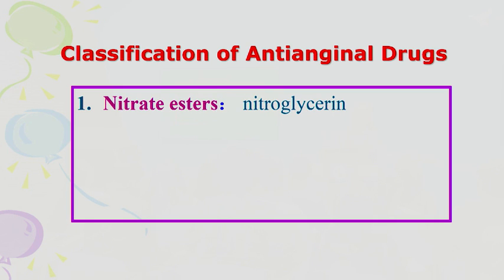The first kind we call nitrate esters, and the prototypical agent is nitroglycerin. Later, we will study nitroglycerin's pharmacological effects, clinical uses, and adverse reactions. The second kind is beta receptor blockers.